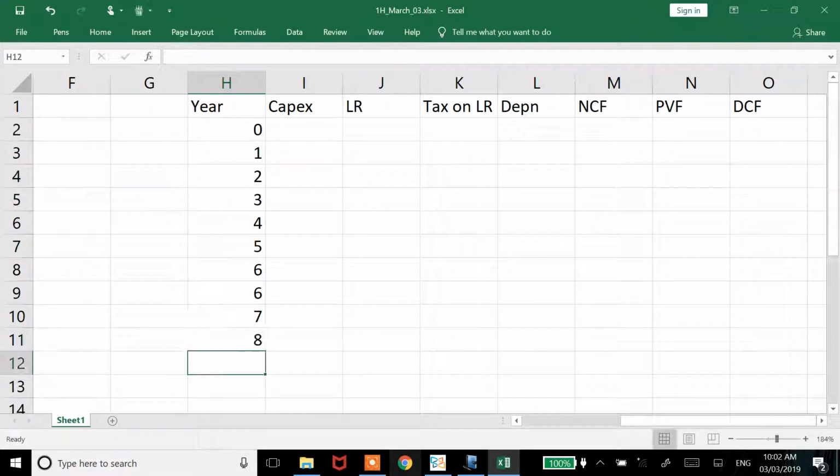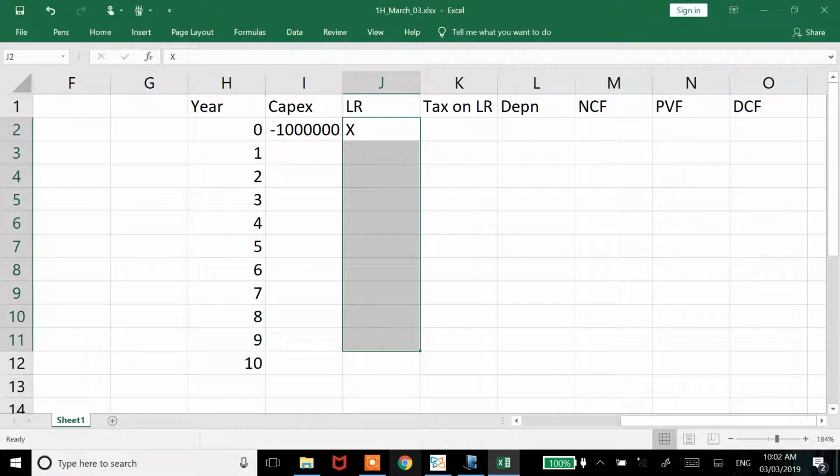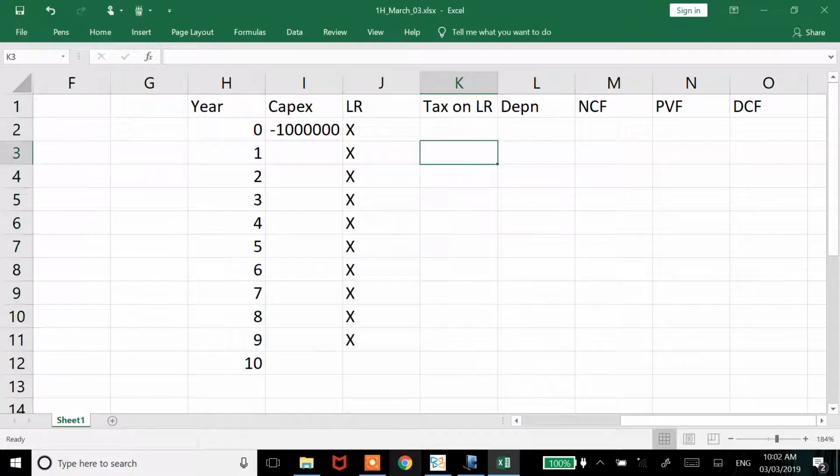I may not be in a position to use annuity. So capex is minus 10 lakhs, lease rent is X from year 0 to year 9.